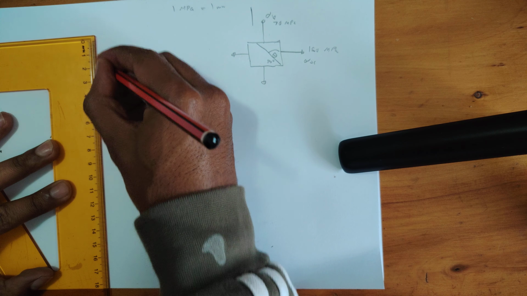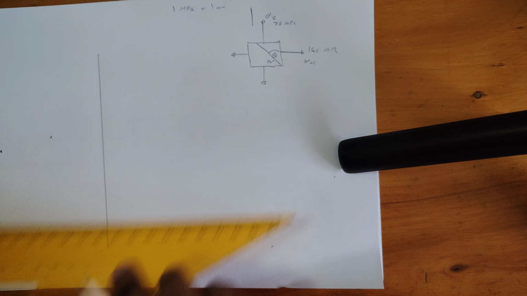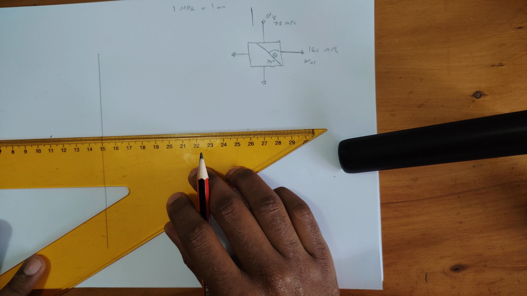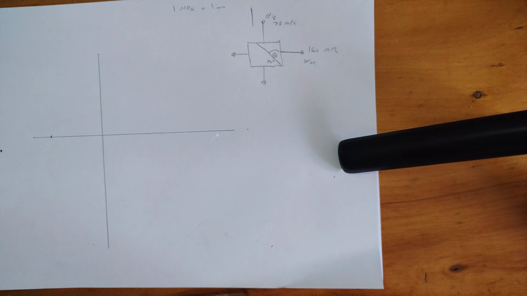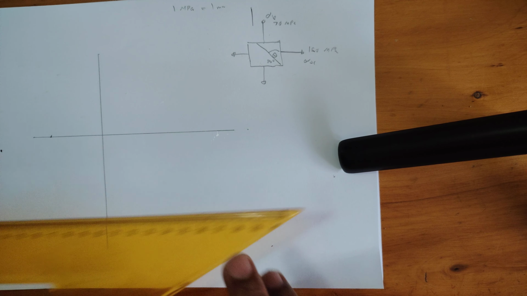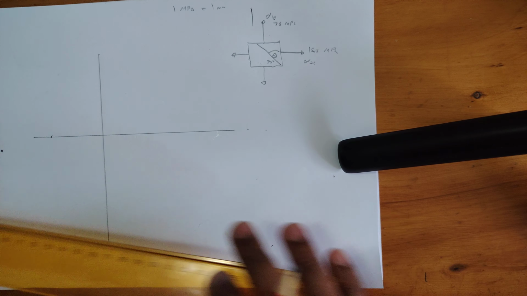I'll start off with my x and y axes. Okay, that's done. Then we need to plot our stresses. The first one was 150, which is in the x direction.